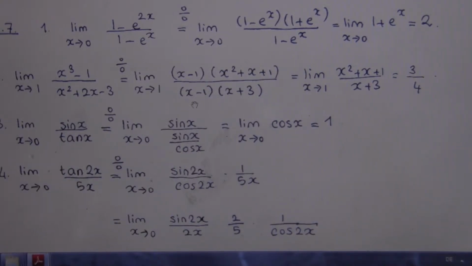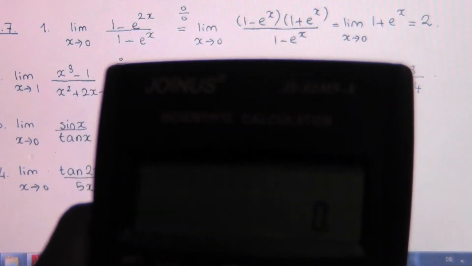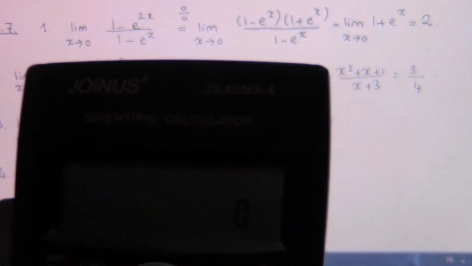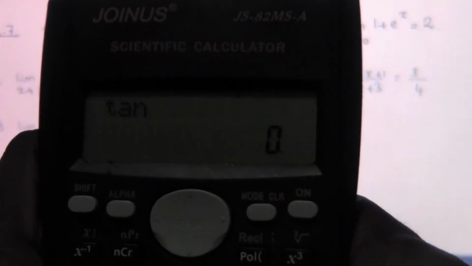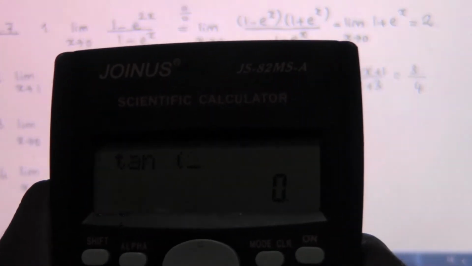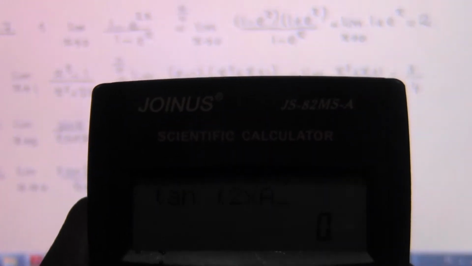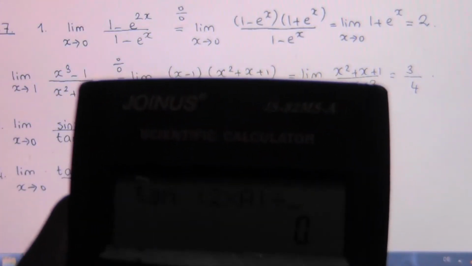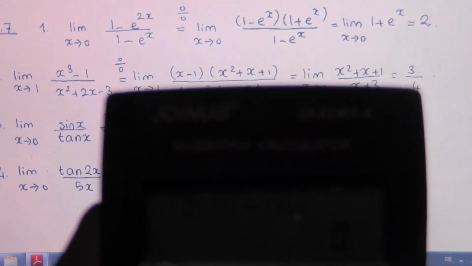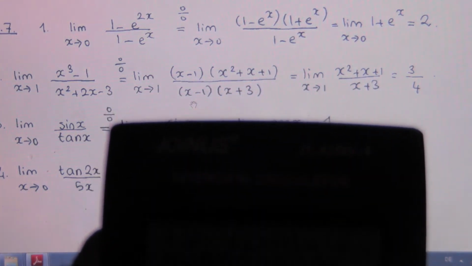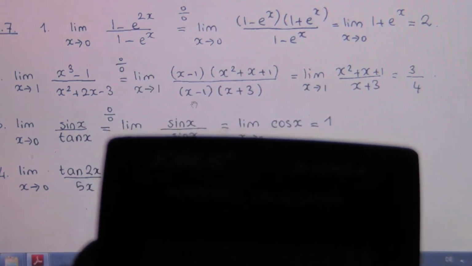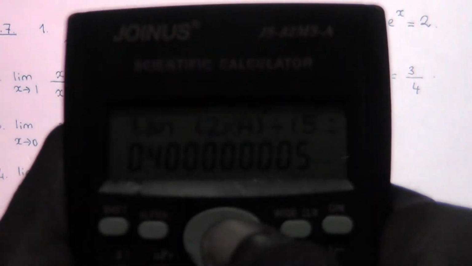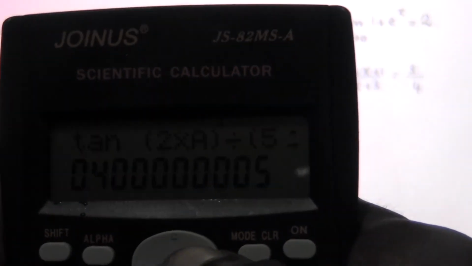You can go find the answer and also re-express this as sin and cos. Alright, so let's find the answer. So let's see what we'll be working towards. So we say tan of 2 times A divided by 5 times A, and that is 0.4. You guys can see 0.4.